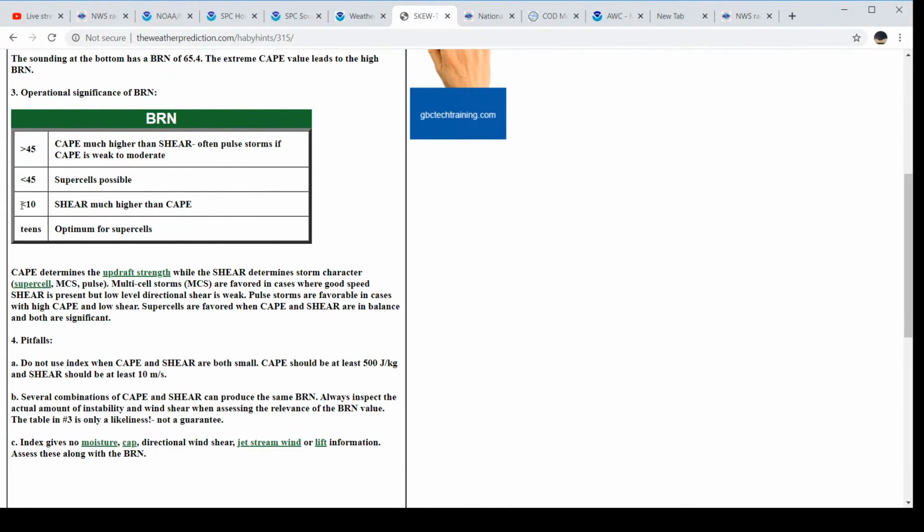Because 12 is greater than 10, but it's less than 45. CAPE determines updraft strength, while shear determines storm character.